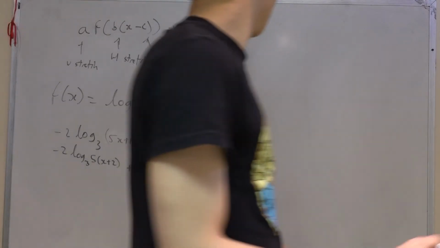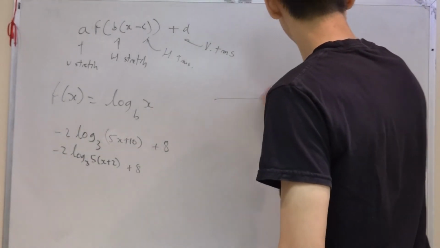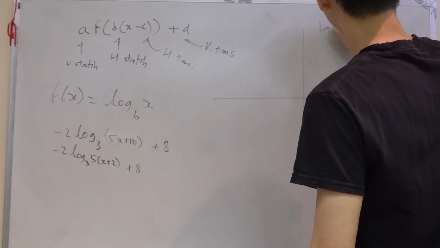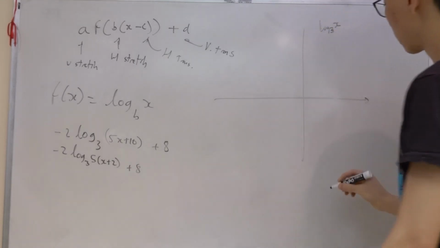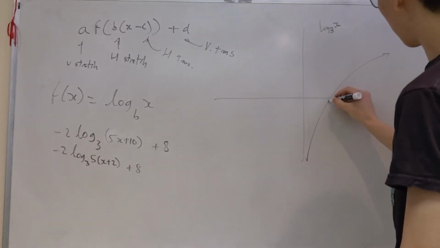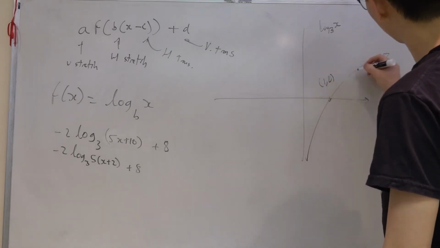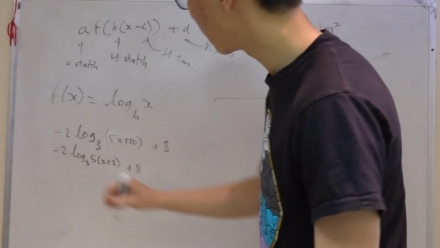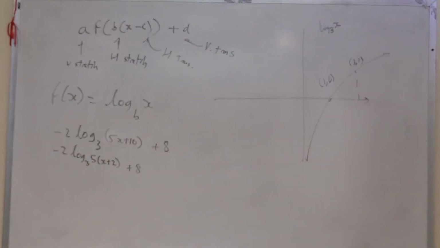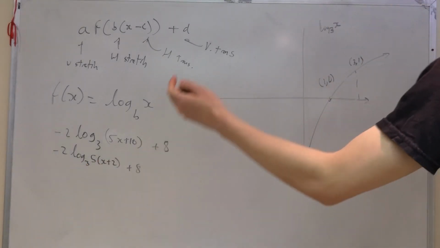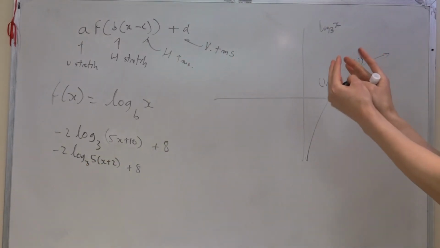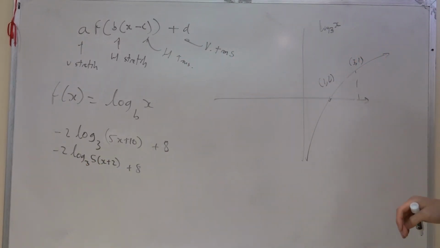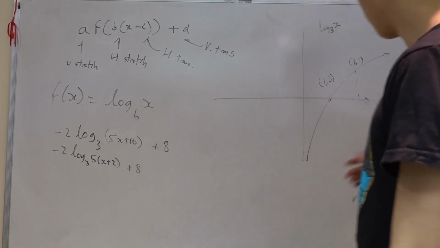Okay. So log base 3 of x looks, of course, like this, and it passes through the points (1, 0) and (3, 1). To apply these transformations to it, let's first consider the stretching. So when we're stretching horizontally, we're squishing everything by 1/5. Maybe you'd like to do the vertical stretching first. That's fine as well.